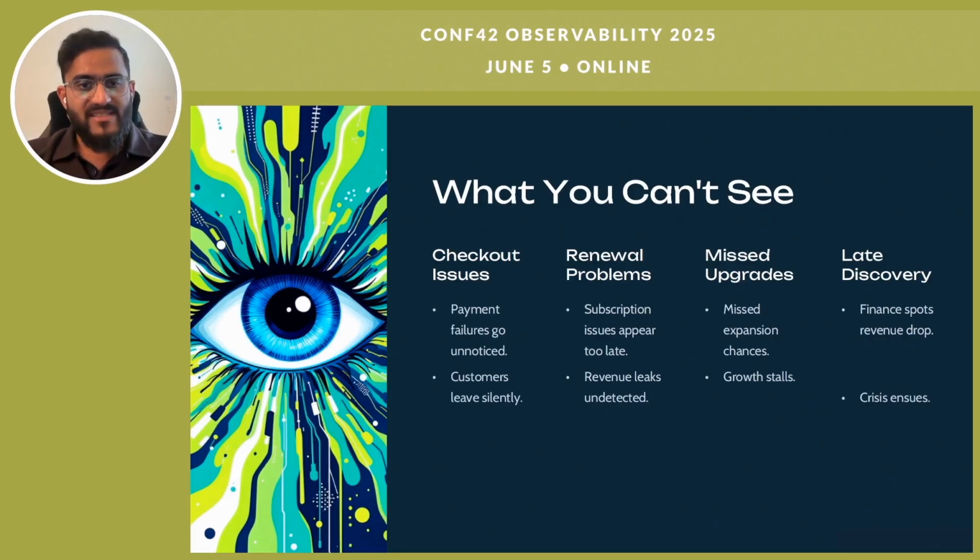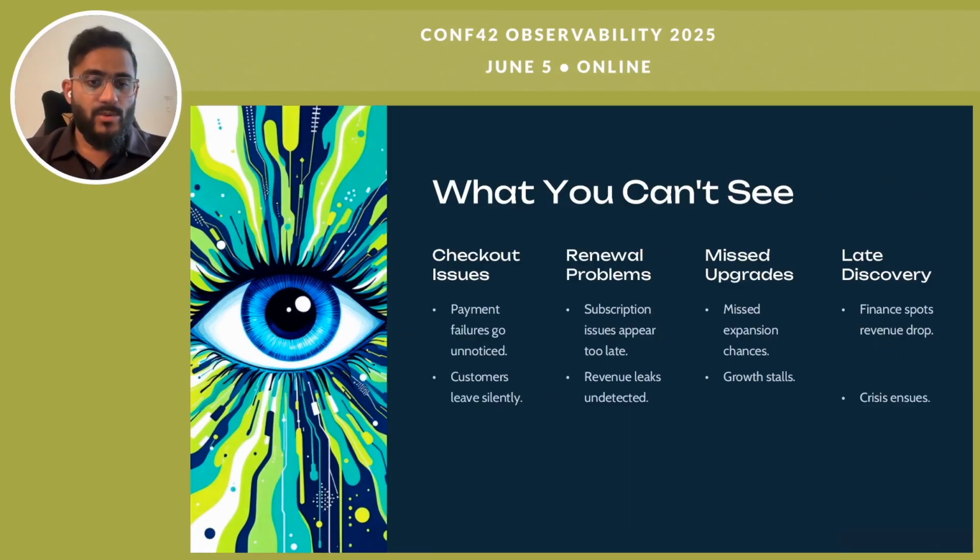Let me take you to a place every product manager has been. You launch a feature, the team celebrates, you move on to building the next big thing. Then, a few weeks later, you hear revenue is down in Europe. Any idea why? You scramble, you pull logs, you talk to engineering, you check all sorts of analytics dashboards, and in the end, maybe you find a clue or maybe you don't.